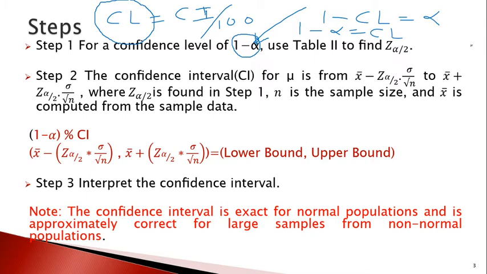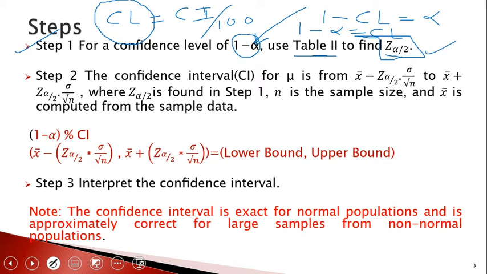So you can calculate your alpha, then use the Z table to find this, Z alpha over 2. How do we calculate Z alpha over 2? We will see on the next slide. First step is done, so you have calculated Z alpha over 2.